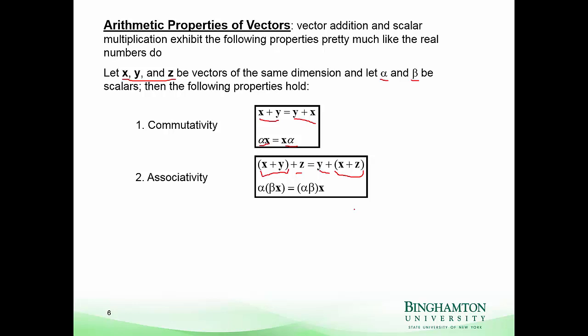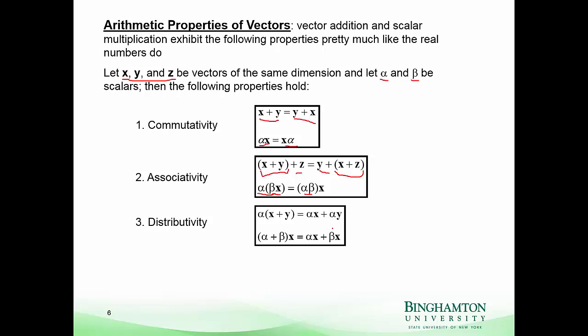And then the same kind of thing with, if I'm multiplying by scalars, I can first multiply by the scalar beta to get a new vector and then multiply that vector by alpha, or I could first just multiply alpha and beta together to get a new scalar, maybe call it gamma, and then multiply that gamma times x. Both of those will give me the same exact result. So commutativity, associativity, you're familiar with those. That's just how real numbers work.